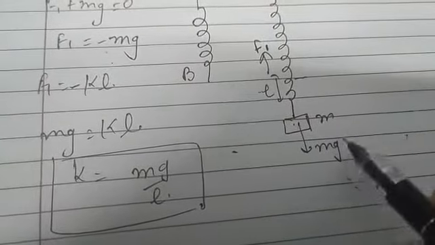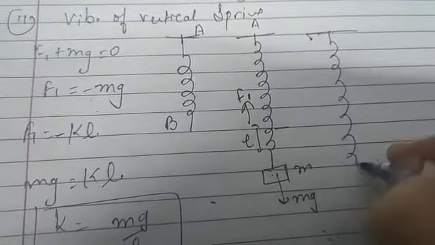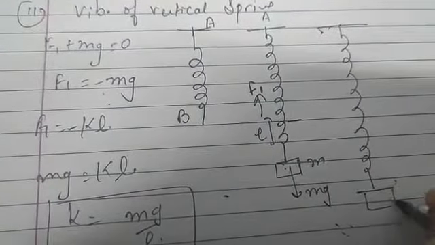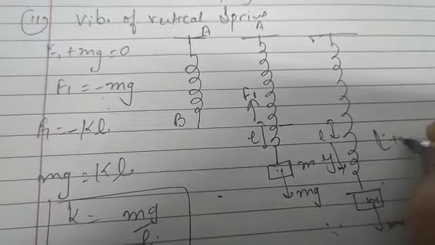Now inertia factor is m here. Again, suppose we pull it more, so the spring will get more stretched. This is the weight, mg. Let the additional displacement that took place be y. Initially it was L, so the total displacement is L plus y.